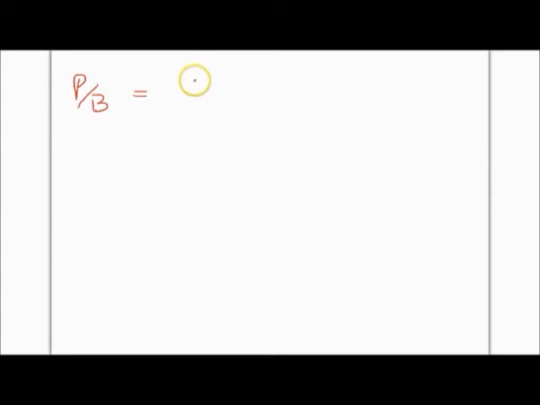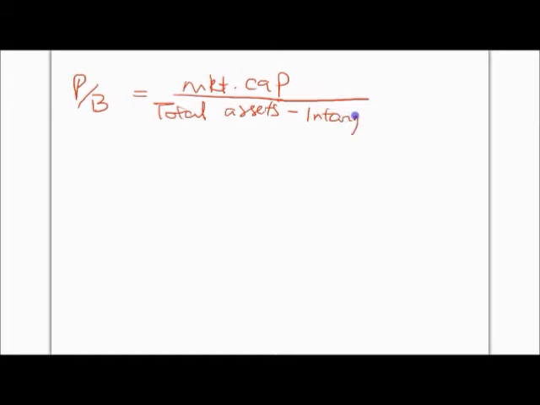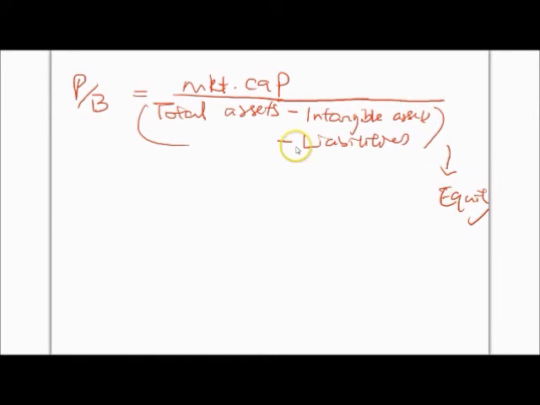Or in other words, we take the market cap of a company and divide it by the book value, which is total assets, subtract away any intangible assets, things like trademark, brand name, and also subtract away liabilities. So in short, this equates to our equity. So the PB ratio is calculated as this.